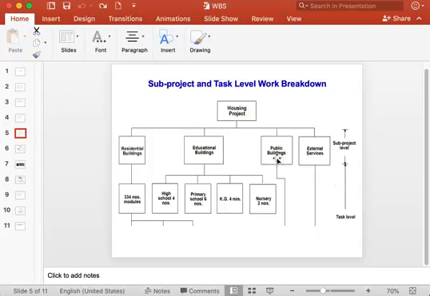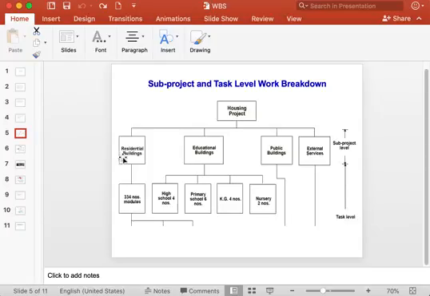After that, each of these major elements of the housing project is further broken down into smaller parts. Each of these major work groups or work elements are further broken down into smaller parts, and that level is called task level.